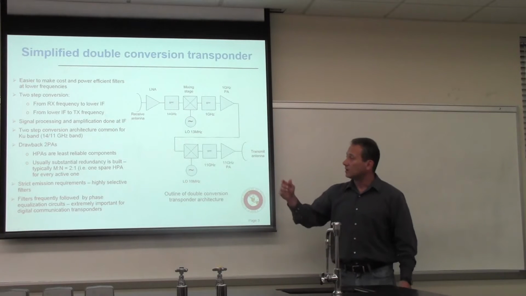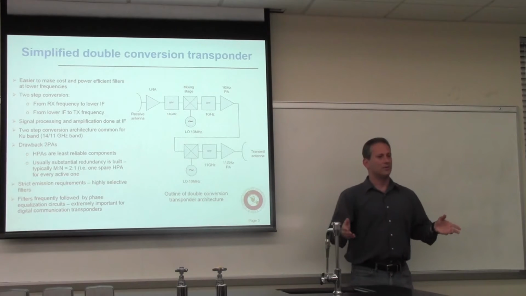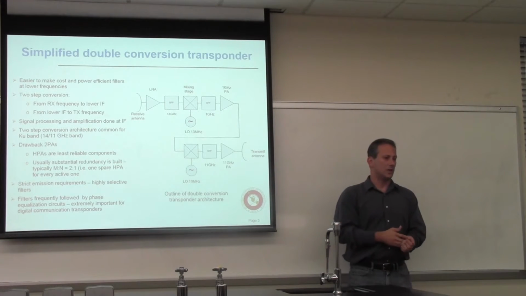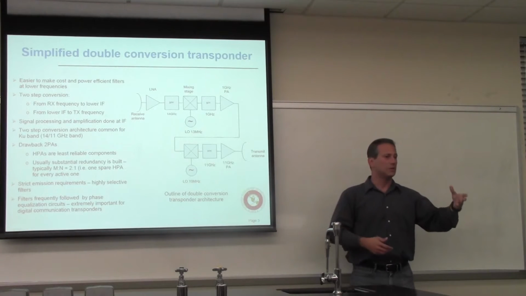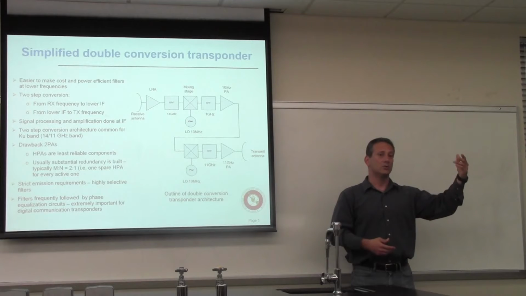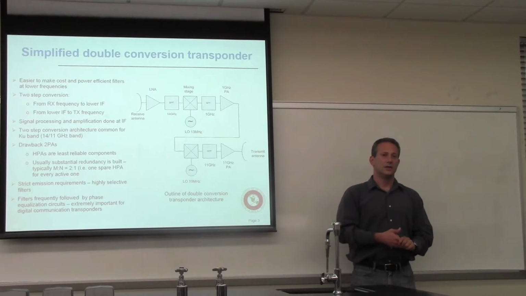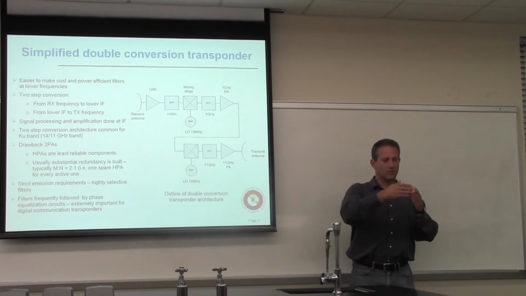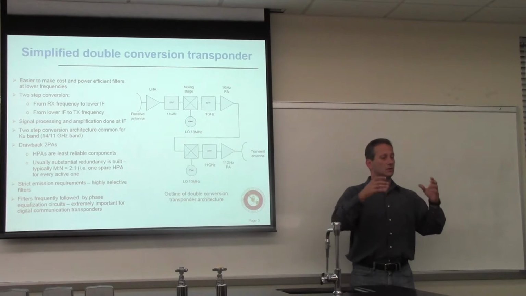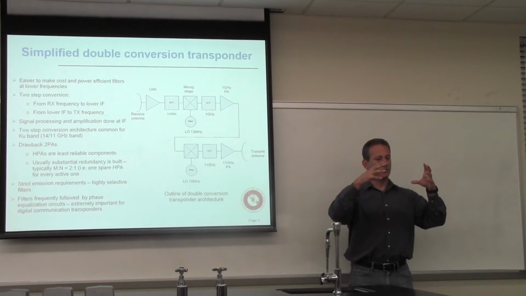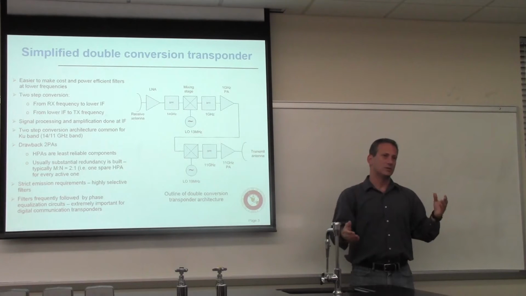Now, for cases when you're operating very high in frequency, and in today's age, high in frequency means in this scenario 14 gigahertz or even higher, where you go 20, 30 gigahertz, then converting down to a lower frequency is not an easy task. Because what you need to do is not only down convert the signal, but you have to clean it up, you have to amplify it.